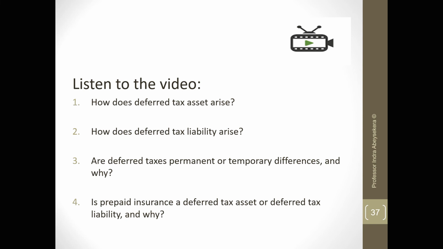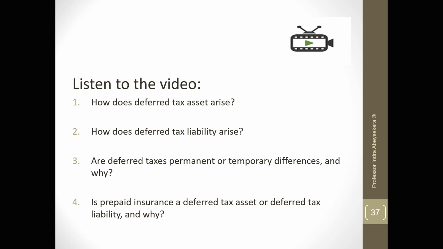So I'm going to play a video, and what I would like you to determine, after watching the video, is: how does a deferred tax asset arise? How does a deferred tax liability arise? Are deferred taxes permanent or temporary differences, and why?